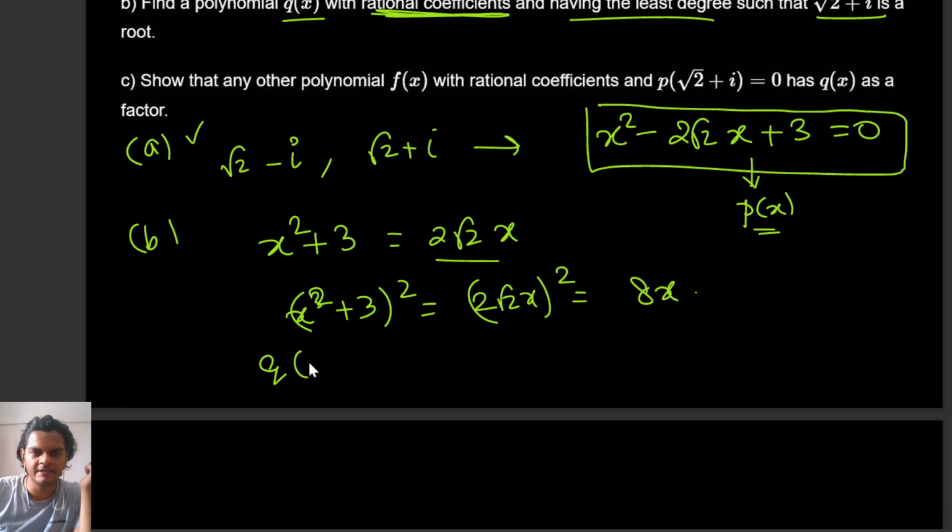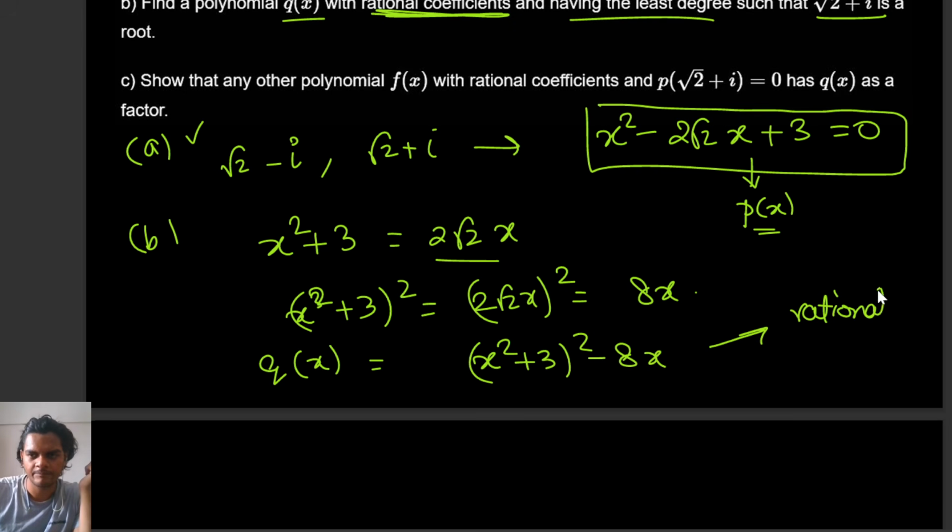So if I take my q of x to be x square plus 3 whole square minus 8x, this is a rational coefficient polynomial with square root 2 plus i as a root, right?